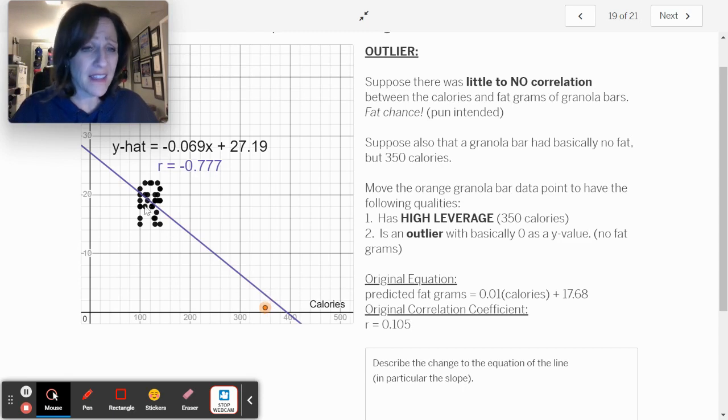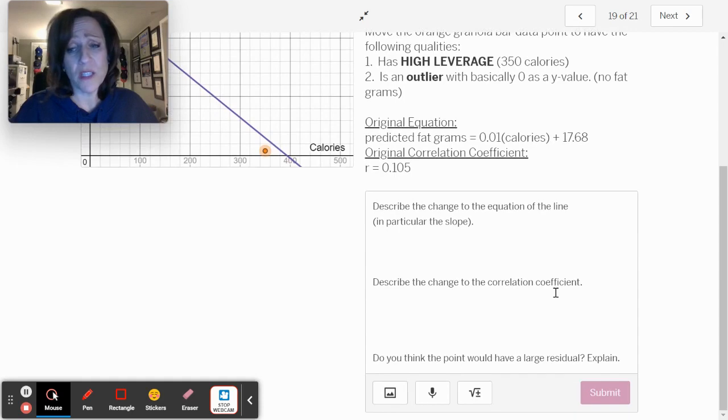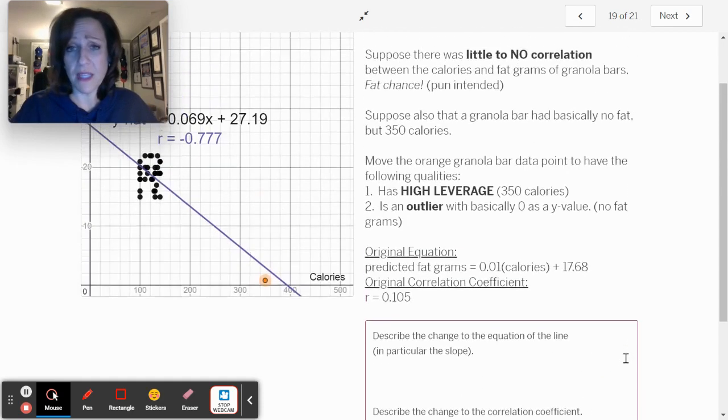In fact, I think some of these other points over here would have a bigger residual than this one right here. So I wouldn't say that's a very large residual. So impactful, it made hardly any residual at all. Interesting. So go ahead and write something like that.